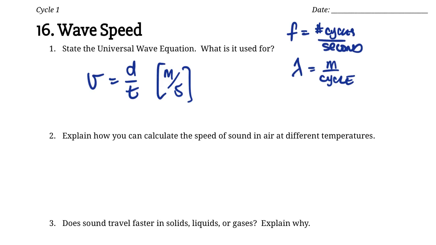Notice how with these two things, we have meters and we have seconds, and we have cycles there and there. So how can we arrange these two to come out with meters per second? It's not actually that hard.